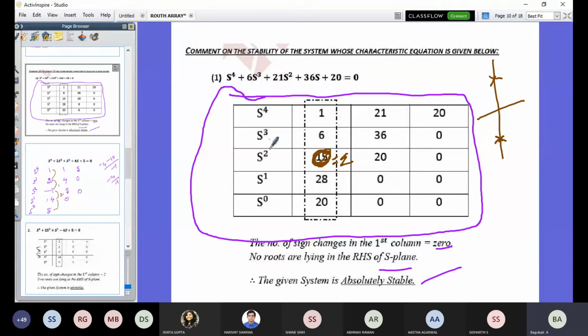If there are no sign changes predicted here, but one of the rows in the first column becomes 0, in such cases the system may be unstable or marginally stable. Not only sign changes, but here there is no sign change, and as I told you, some of the poles are located on the j omega axis. Again, what is the criterion I told you? Some poles are located on the j omega axis.